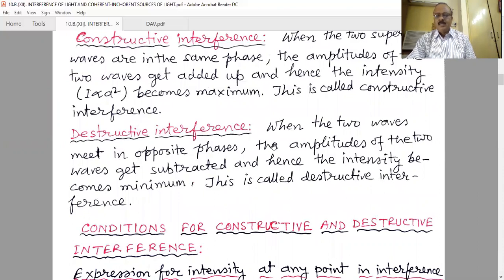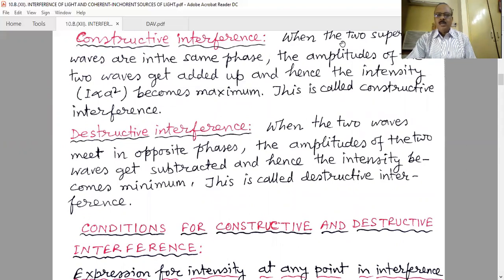That means in the same medium, where the two waves meet in opposite phase, their resultant amplitude decreases. Since amplitude decreases, the intensity decreases, and we get a minimum intensity at that point. That place is known as destructive interference.